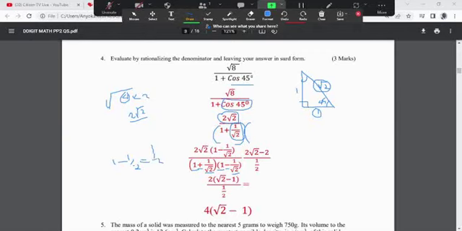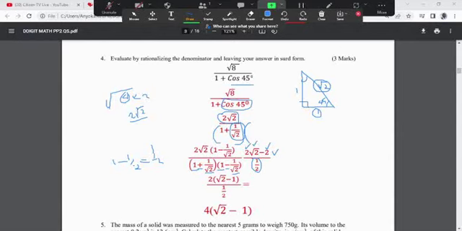So this half is coming from there. Multiplying the numerator, 2 root 2 times 1 is 2 root 2. 2 root 2 times 1 over root 2, root 2 and root 2 will cancel, we remain with 2. Then now we have this expression 2 into brackets. We factor out 2, which is common. 2 into brackets root 2 minus 2.